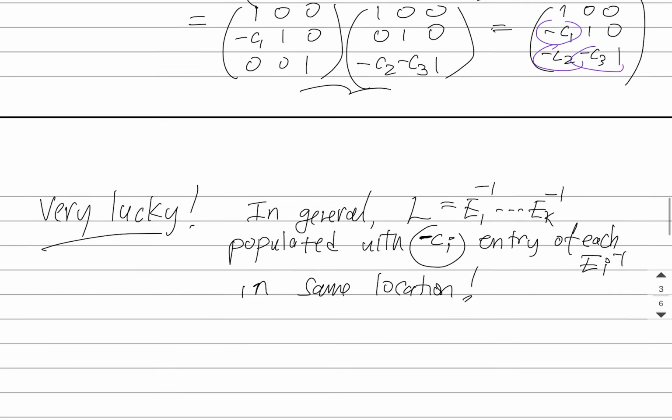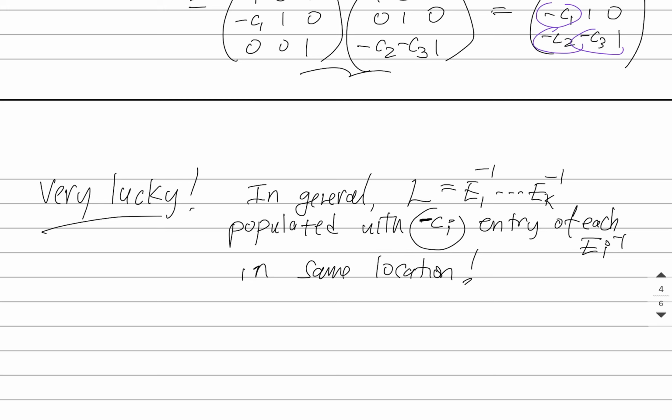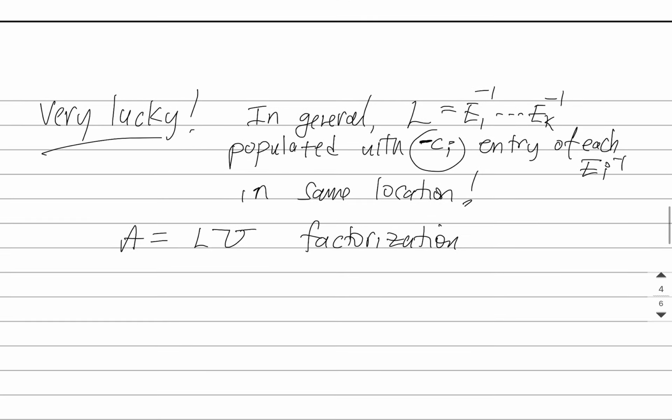That's really, really lucky. So that when we want to actually start with a matrix and compute what's called the LU factorization, we can do this, and we can do it in a really easy way. This LU factorization essentially comes from us applying the inverse of each of those steps that we took to get the U and just dumping them into the matrix.